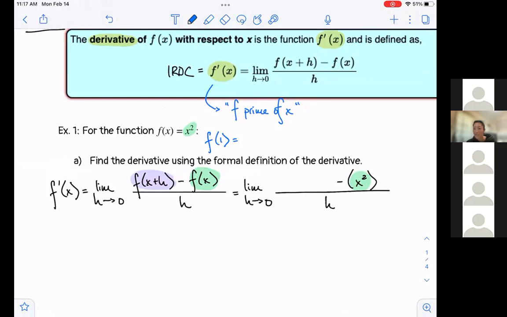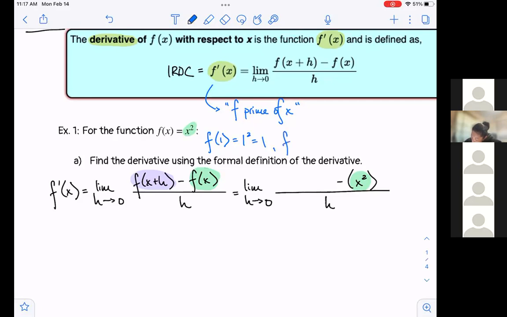I know that sounds like a silly question, but humor me. There we go. So Daniel has typed it in, Jordan's typed it in, Nora's typed it in. 1 squared gives us 1, right? So what did we do? Everywhere we saw an x, we replaced it with the value 1, okay?